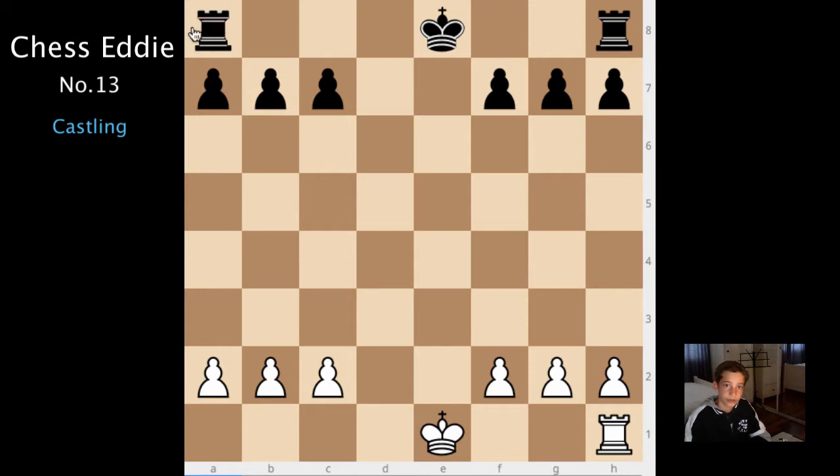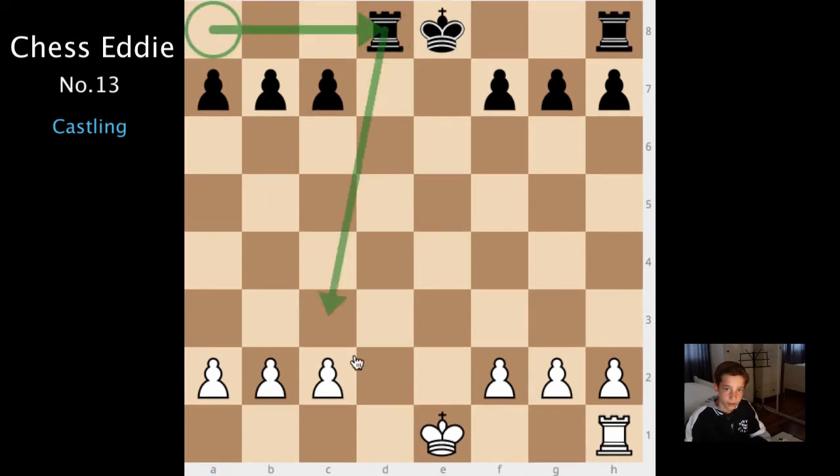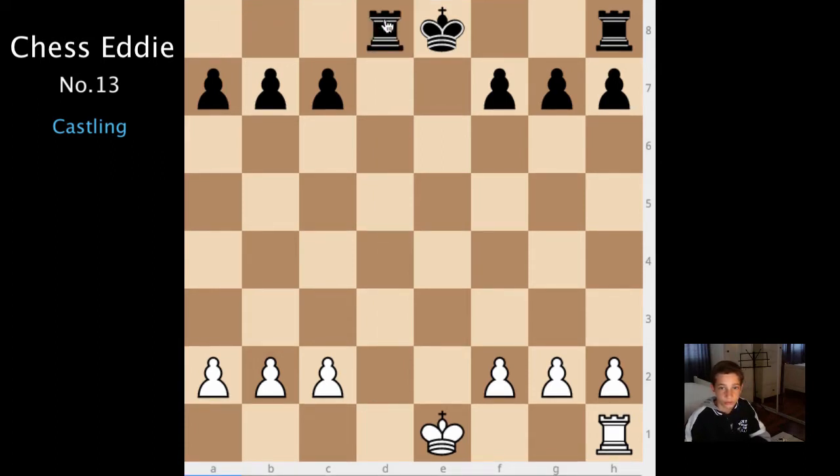Same thing for black. If the rook chooses to go to d8, attacking this d file, so d column, if you want to call it, then even if it moves back to a8, the king just can't castle queenside.